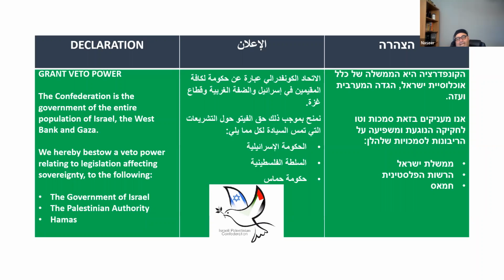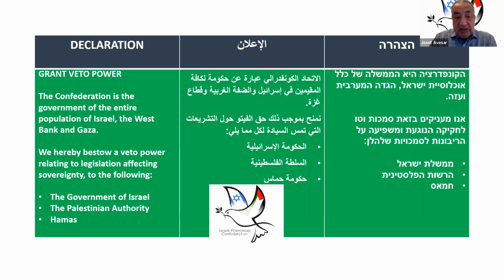KUTTAB's concern. Now, if, for example, the Confederation in the declaration says that the Palestinians have an independent government that actually does represent Palestine, then we would be able to change it so that it's the government of Israel and the government of Palestine, rather than the Palestinian Authority and Hamas, which we have today. Correct. This is a legislation. We can change the legislation.